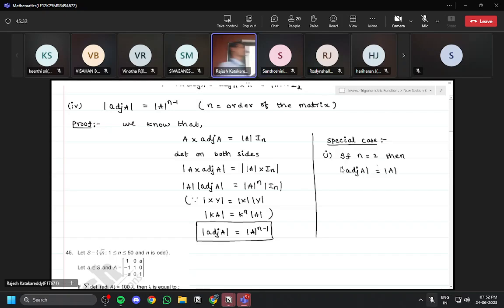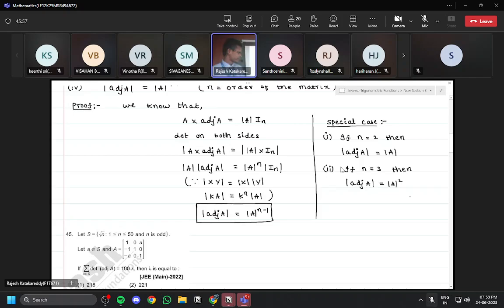For a second order matrix, determinant of adjoint A is determinant of A. If n is equal to 3, then determinant of adjoint of A is equal to determinant of A square. This is a special case for the n value.